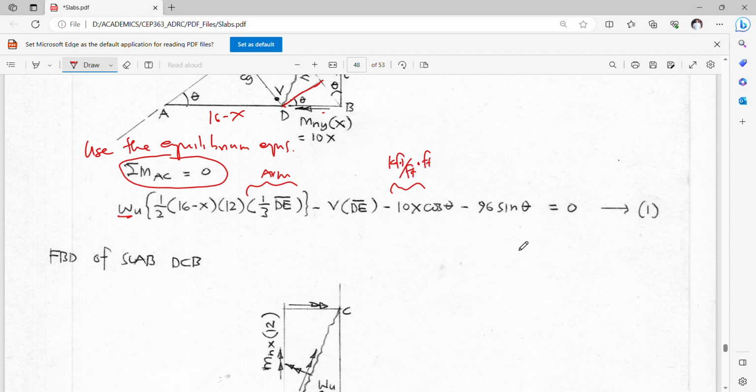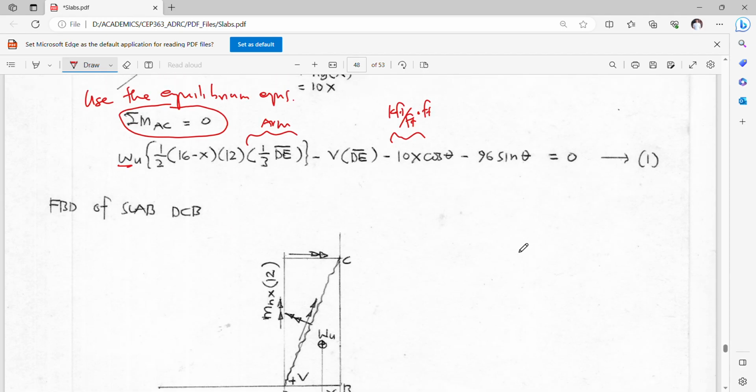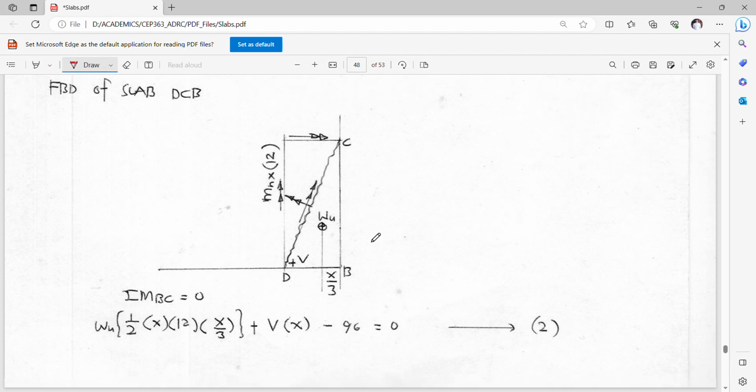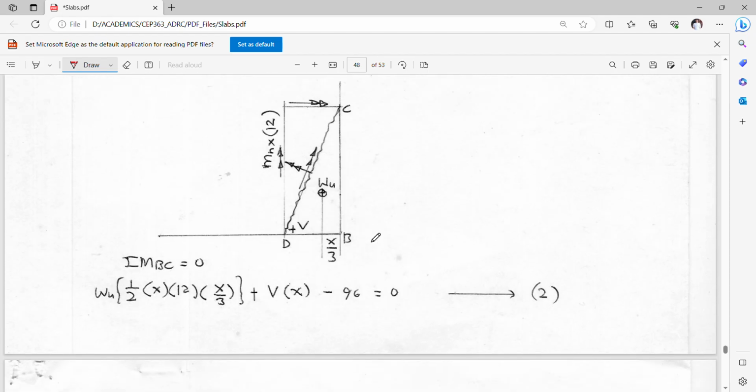So this is now my equation 1. Similarly for my slab panel 2, slab BBC, using the same procedure, I will get my equation. Again, this is the weight, this is your area, this is your load, this is your arm. Then we have the shear depth times x.